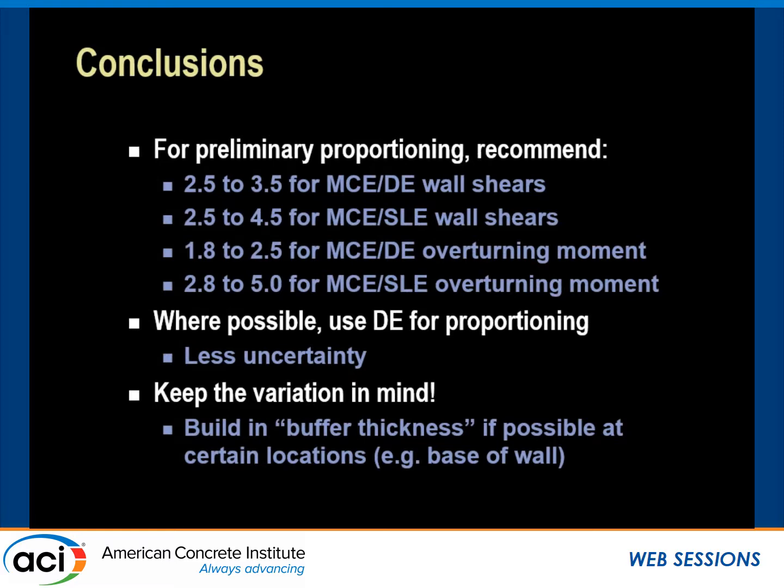If you also have a large R value, are you not expecting the elements to yield at DE? They are yielding at DE. Generally, is it overstrength? Yeah, it's generally overstrength, is our understanding of it. Excellent. Thank you.